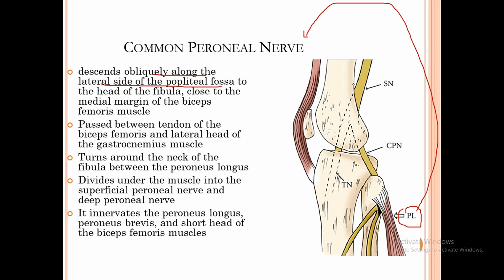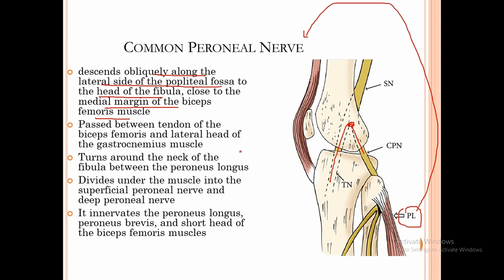When we are talking about the relationship, you see this is the lateral most structure. As you see, this sciatic nerve here behind the femur is dividing into two parts, tibial and common peroneal, and close to the head of the fibula on the medial margin of biceps femoris.